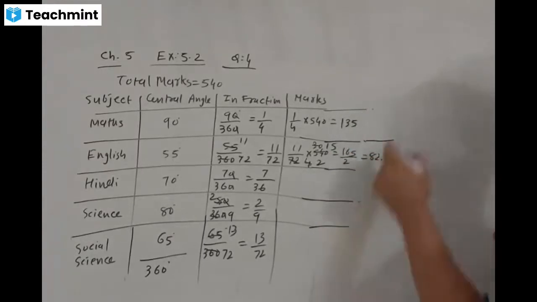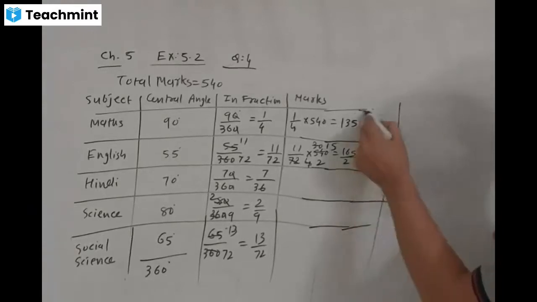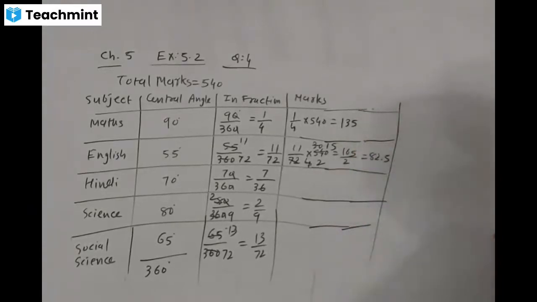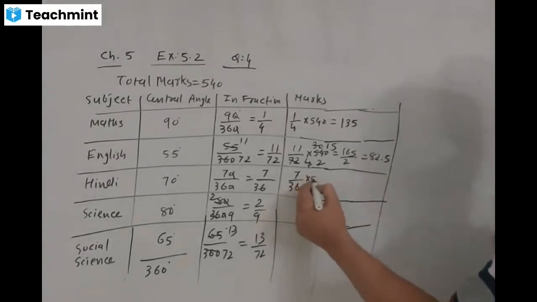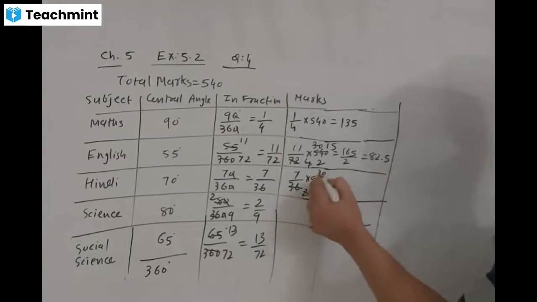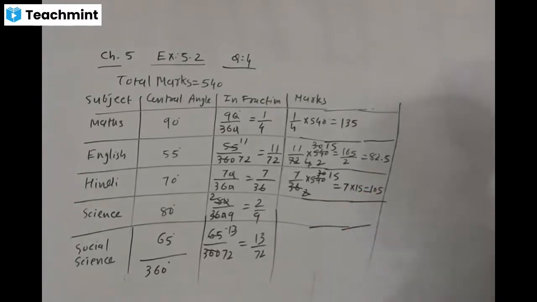Okay, 82.5 marks in the subject English. Hindi: 7 upon 36 into 540, 7 into 15, that is equal to 105 marks in Hindi. Total marks is 540.